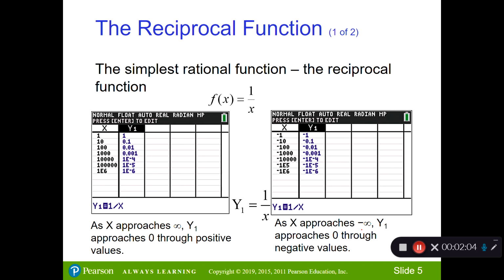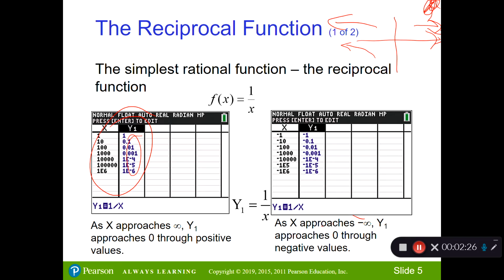Approaching positive infinity is going in this direction, and our graph is going towards 0. Approaching negative infinity is this direction, and again our graph is going towards 0, but through negative values.